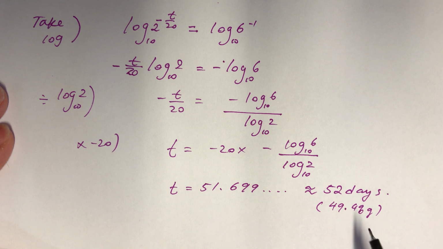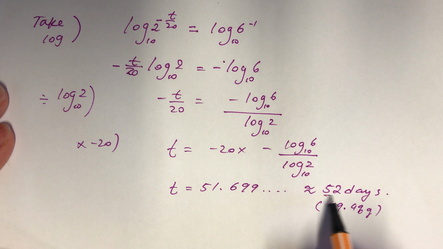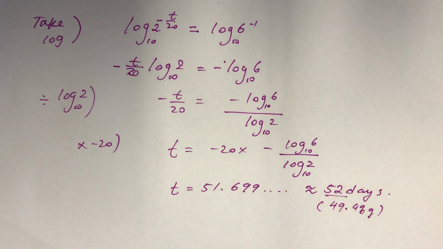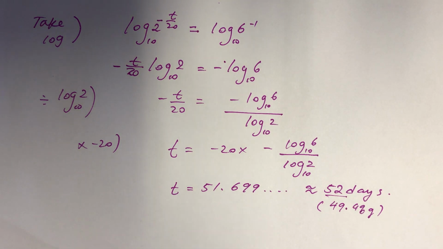So if it's a little bit less, it's not too bad. So I would say 52 days, but make sure you check the answers. So that is close to 50 or a little bit less. Because if you use 51 days, it's going to be over 51 grams. So it's a bit off. Okay, well done.